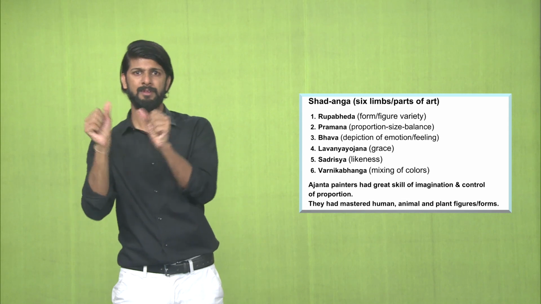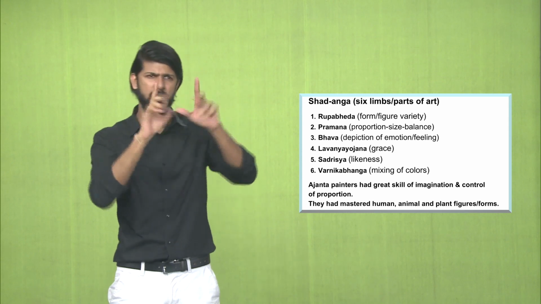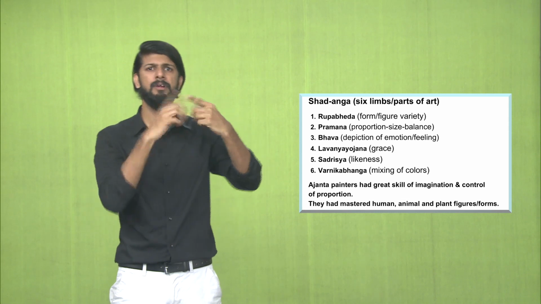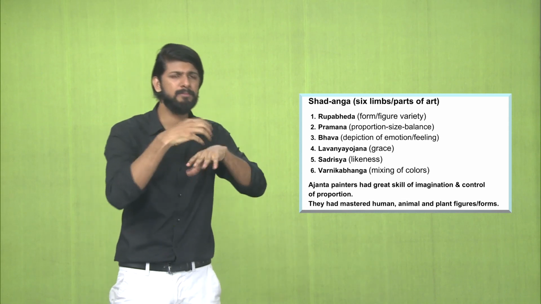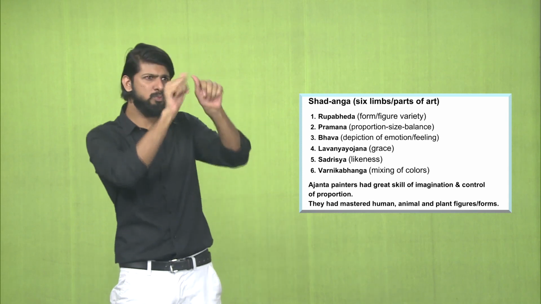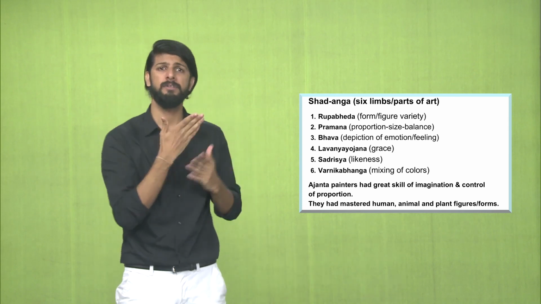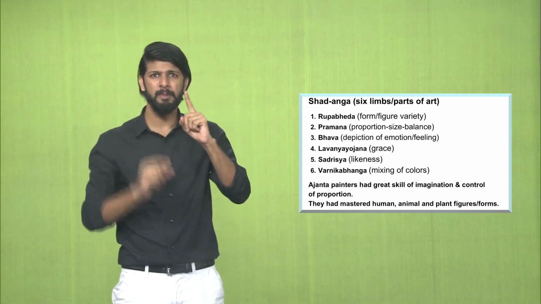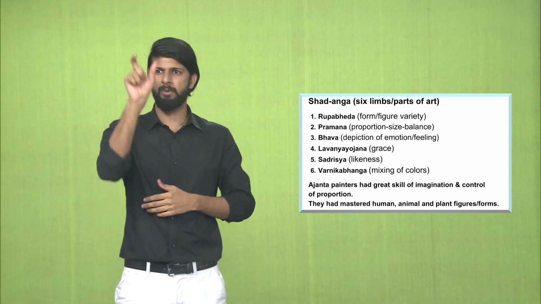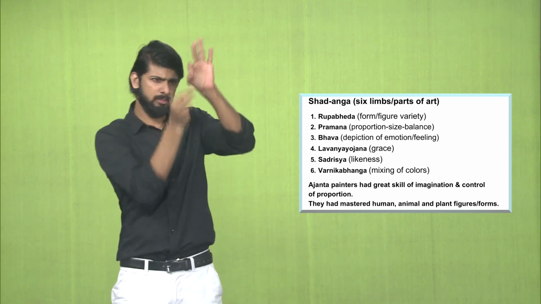Let us understand what the Shad Anga or the 6 limbs of art means. The first rule is called Rupa Bheda, or learning about the variety of forms and figures. The second, Pramana, is to learn the art of proportion, size and balance.